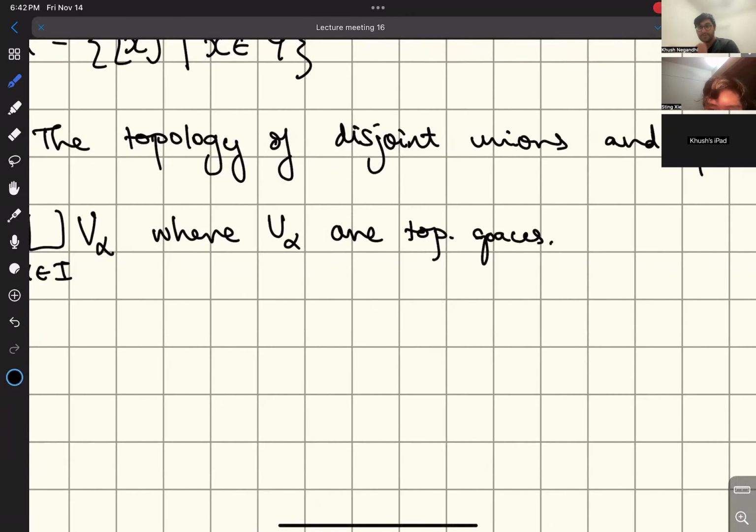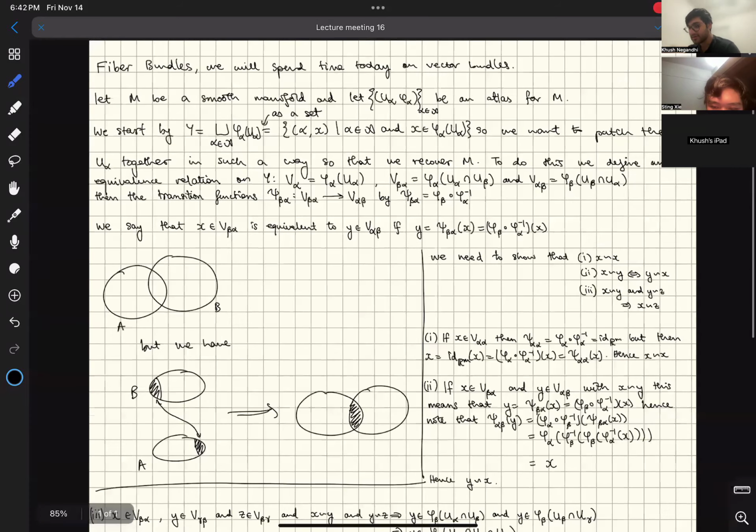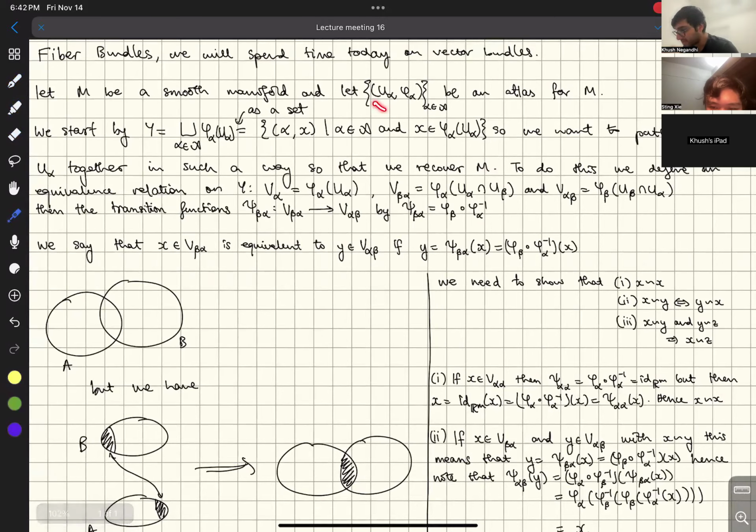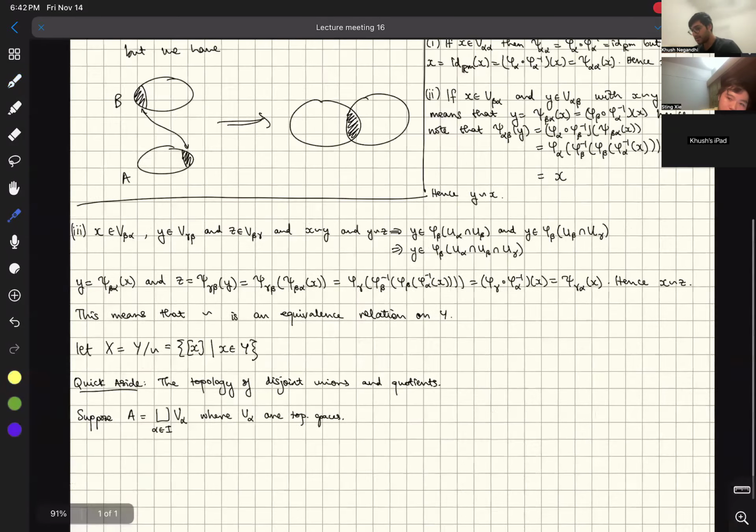That matches the situation we have here, because each of these U alphas has a topology given from M. You just restrict the topology to the set, and that gives you the topological space. Also, each open set in Euclidean space has a topology of its own.